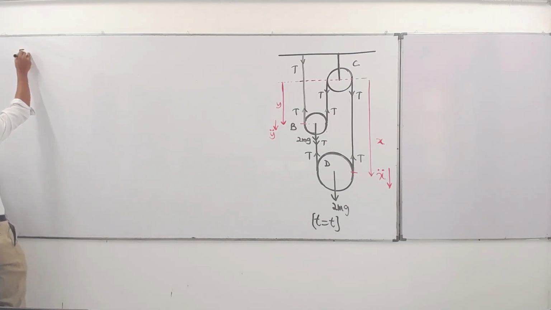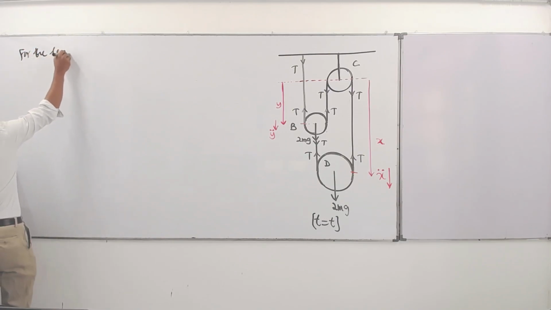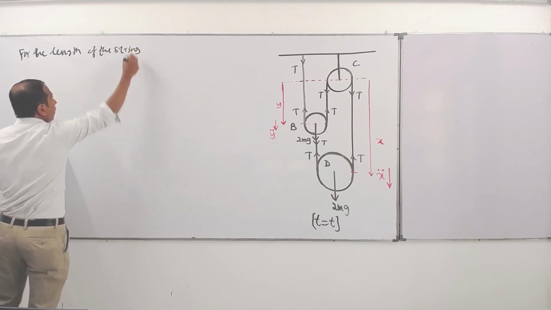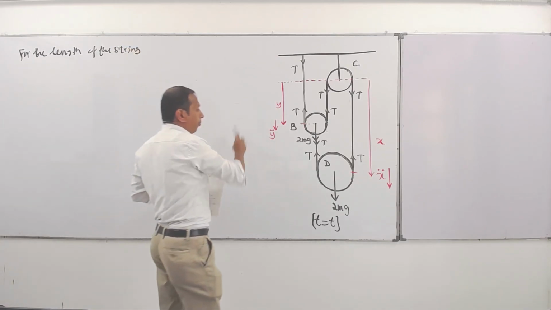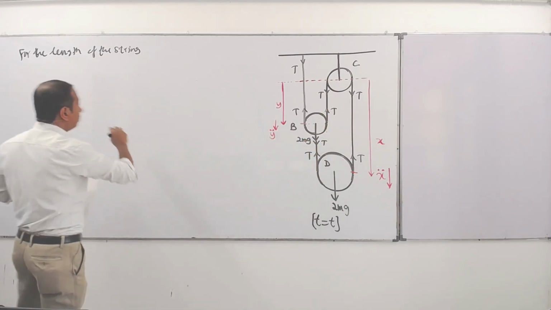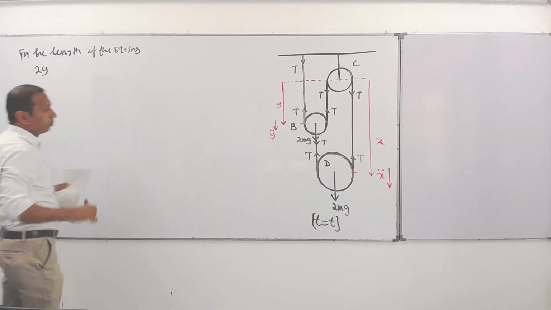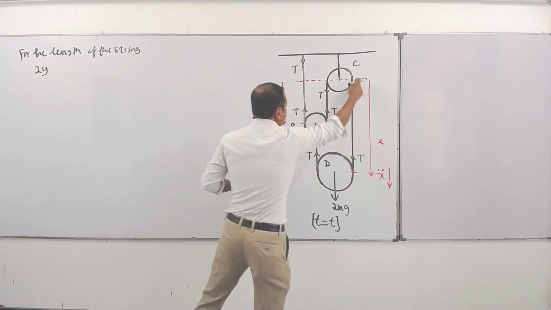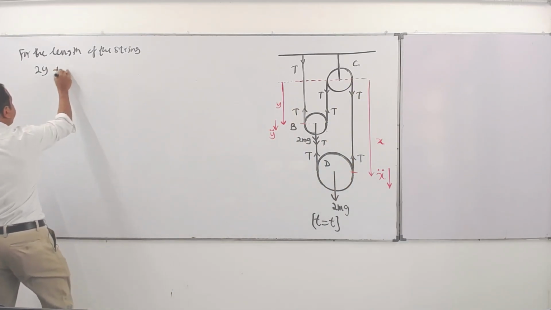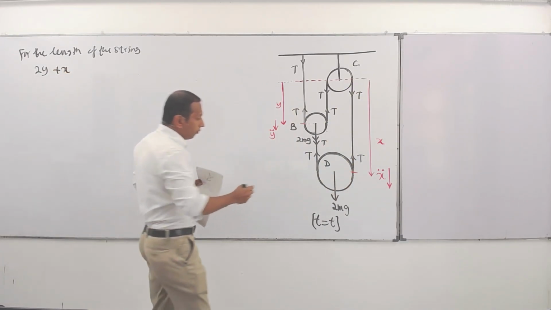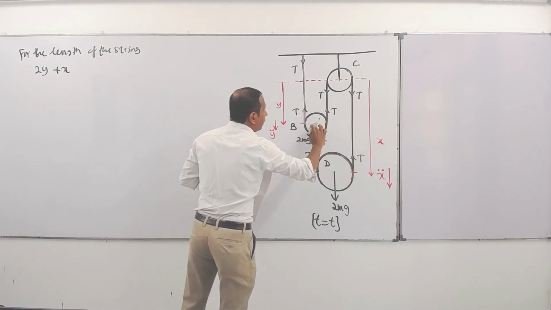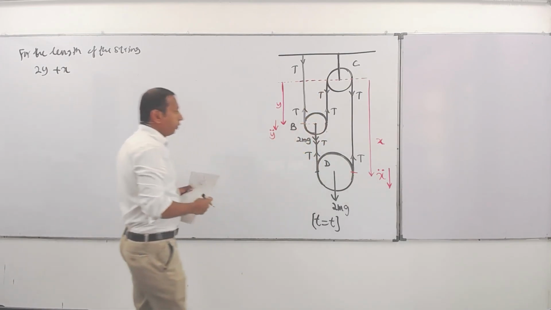For the length of the string, right? Here y, then 2y, here x, and from here to here, all in x, this is y, then x minus y.